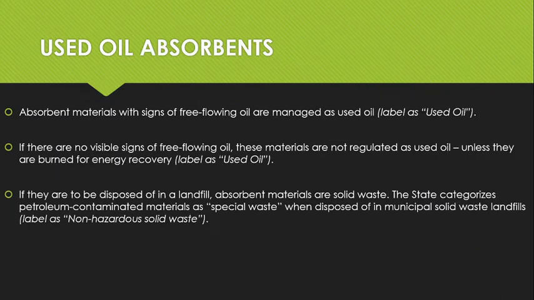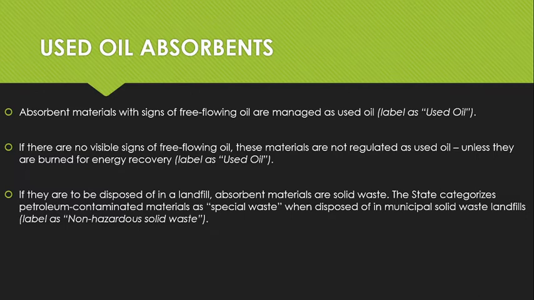Used oil absorbents, this just reiterates what I just said. Absorbent materials with signs of free-flowing oil are going to be managed as used oil. If there are no visible signs of free-flowing oil, then these materials are not going to be regulated as used oil unless we're burning them for energy recovery. So that would be in the case if we send them to Midstate/Valacor for recycle, they have to be labeled as used oil.